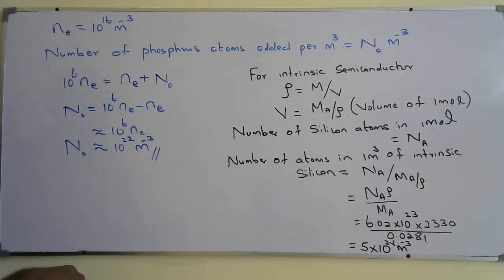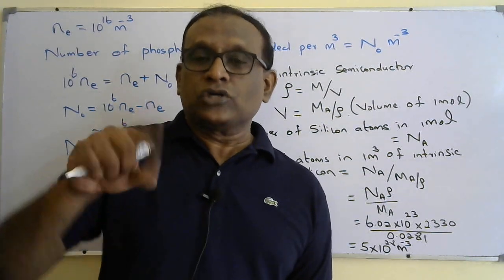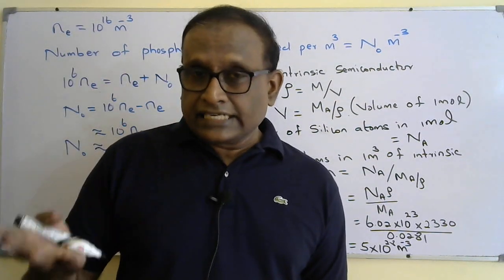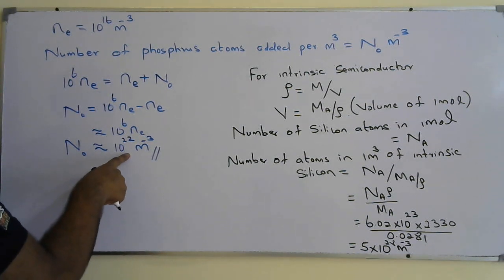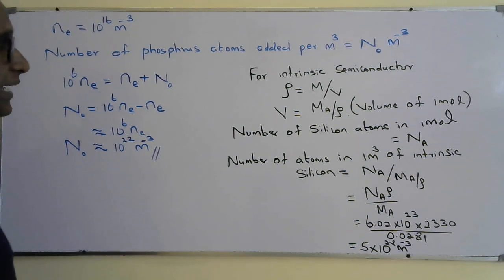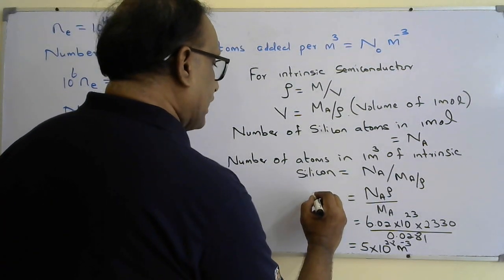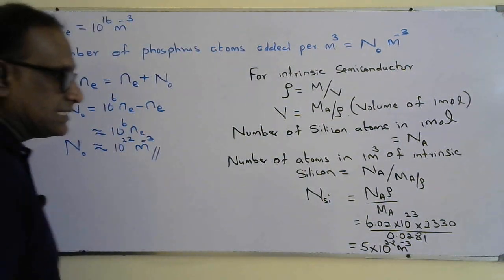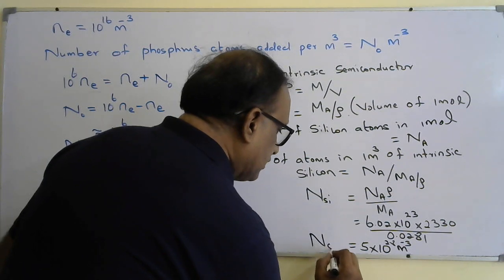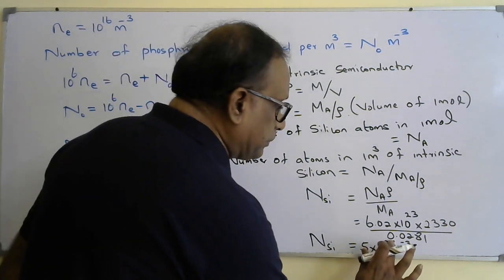After doping with phosphorus in such a way as to get 10 to the power 22 conduction electrons, there must be 10 to the power 22 phosphorus atoms per meter cube. So I can call the silicon number NSI, the number of silicon atoms in the intrinsic semiconductor, which is 5 into 10 to the power 28 per meter cube.